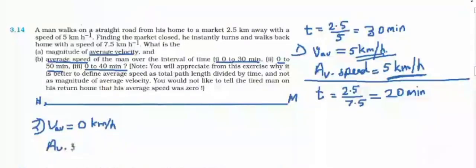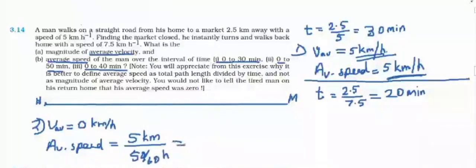Average speed is equal to total distance divided by total time taken. Total distance is 5 kilometer and total time it took is 50 minutes, so 50 by 60 hour. Simplify, you will get the answer. That is the answer to part 2.